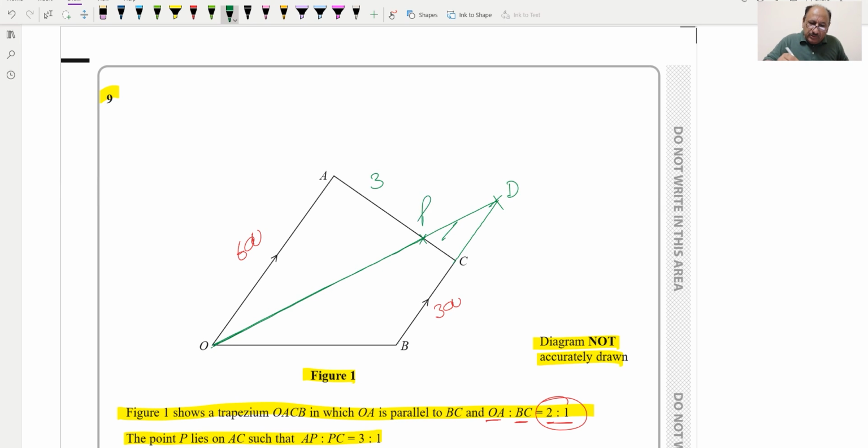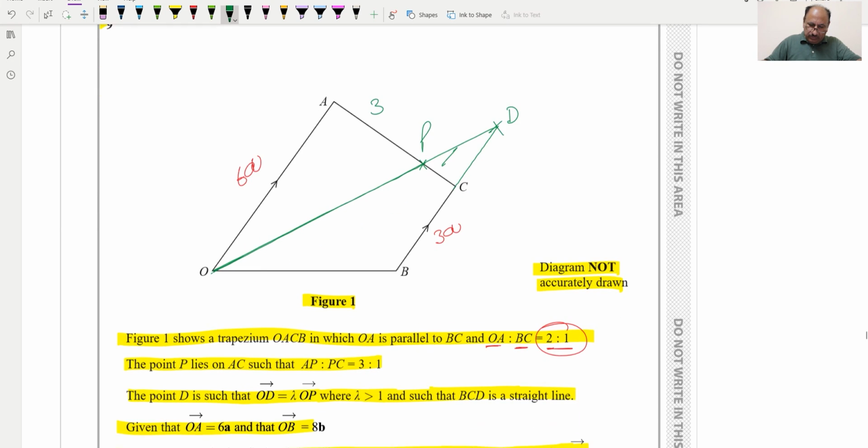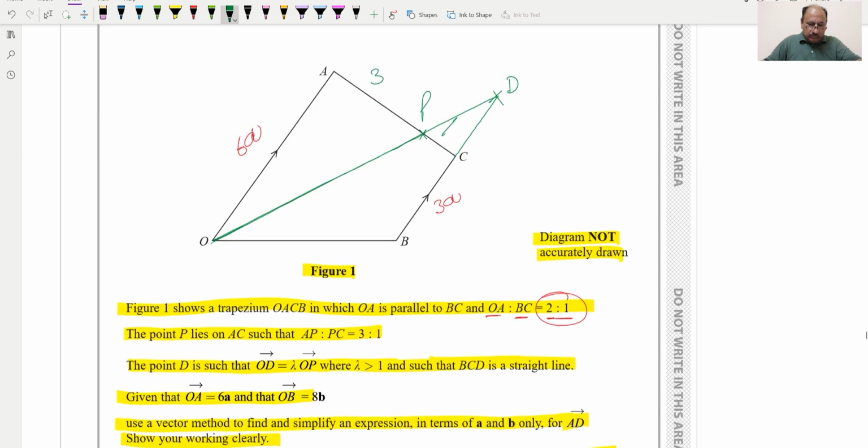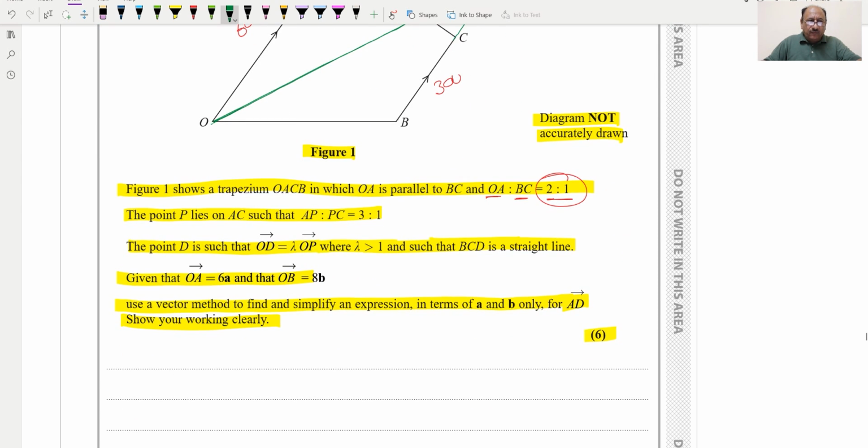Now this is P, and what we can do is, first of all, we will be writing AC.